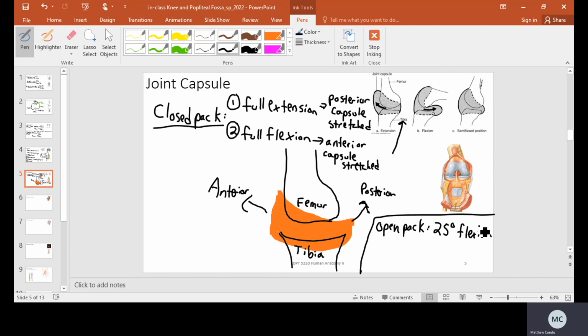Now that's going to become really super important, not only for joint mobilization, but also for testing those internal components of the knee. All right, we already talked about ACL and PCL. Where do those ACL and PCL ligaments sit?